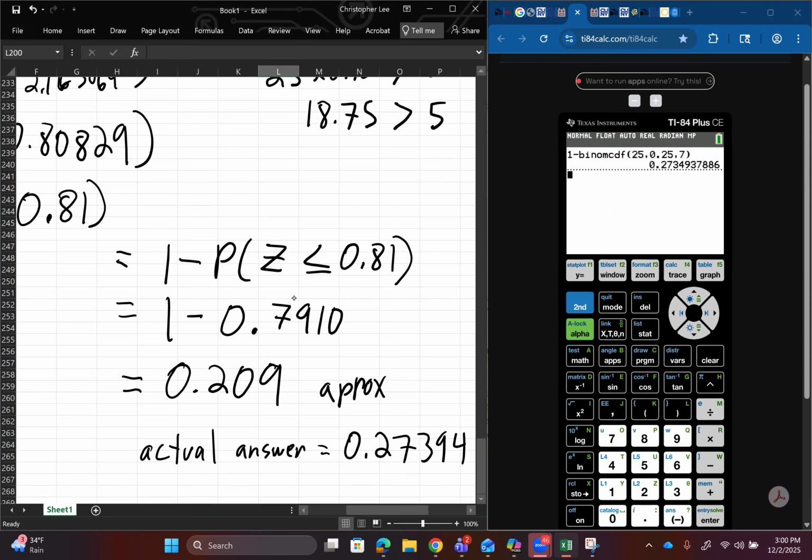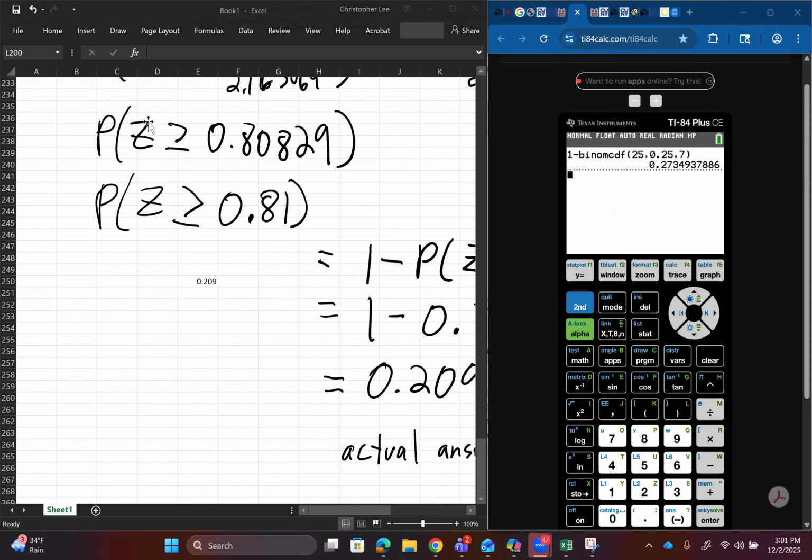Because I want to go greater than, I have to go about half a step to the left. Let me show you what I mean.